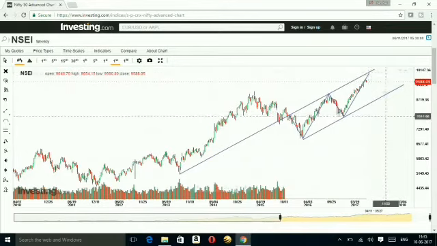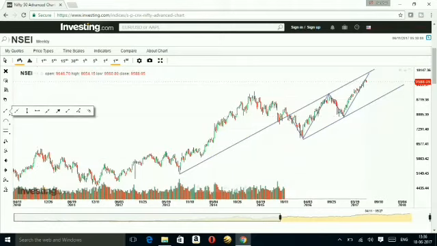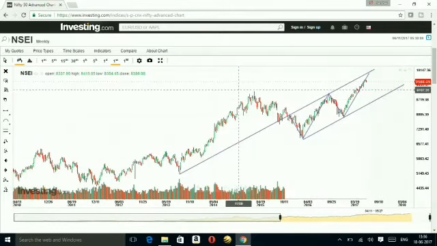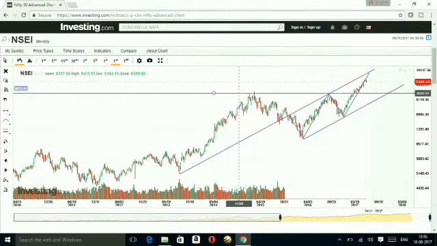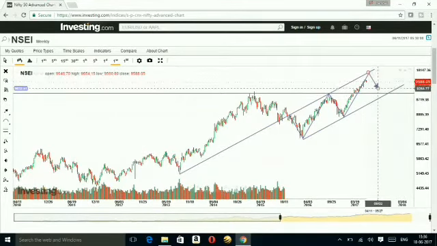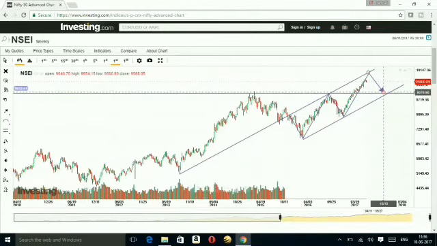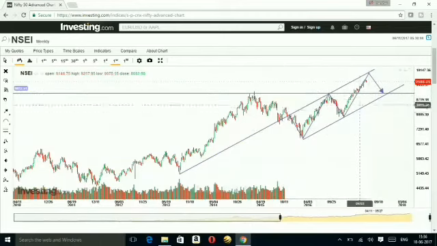On the other side, if I draw my horizontal line over here, in case Nifty falls back from here, it can retrace back to this level. So this level comes to around 9,000, which can be a support. If I consider this as my cup and handle pattern, this can act as a very strong support.